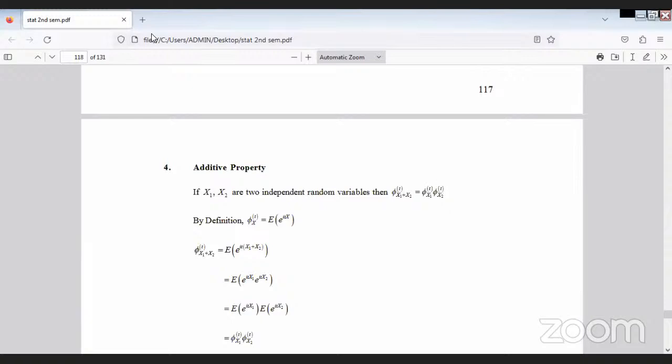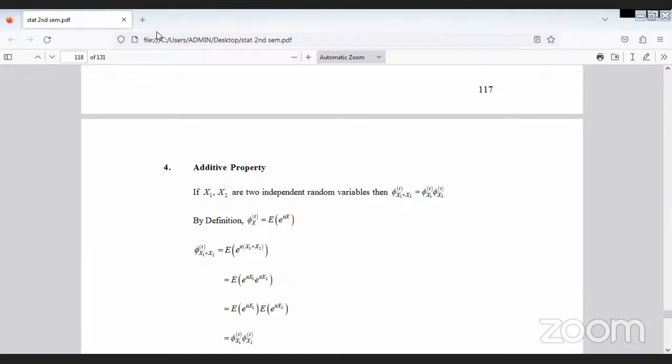Additive property. If x1, x2 are two independent random variables, phi of x1 plus x2 at t is equal to phi of x1 at t times phi of x2 at t.